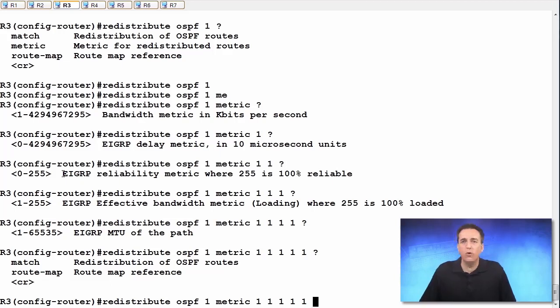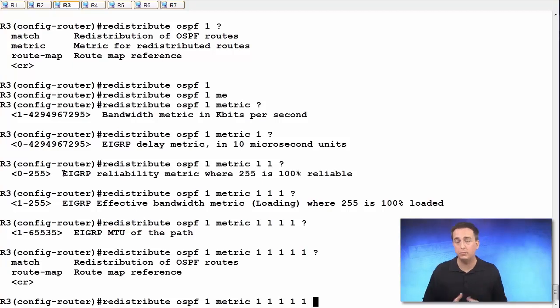So if this is the only redistribution point in your entire organization, then it doesn't really matter what you put. But remember, the metric is defining how far away that particular network is.